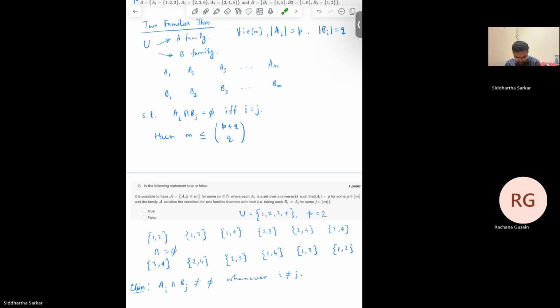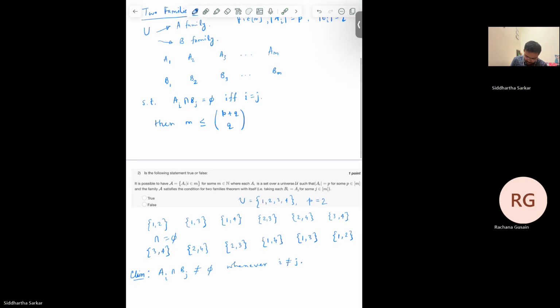So whenever i is not equal to j, Ai is not equal to Bj. Now I want to check Ai intersection Bj, but I know that Bj is nothing but Aj complement.